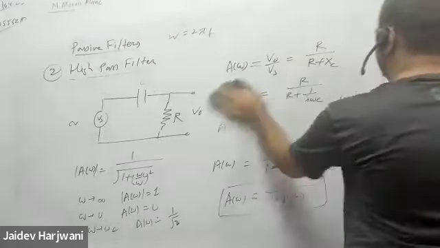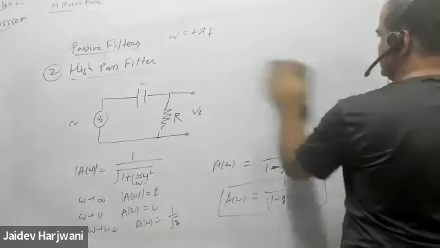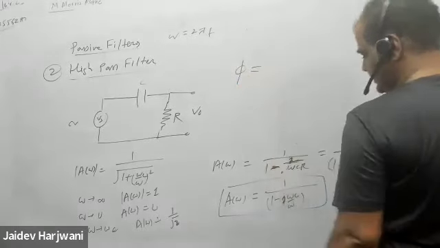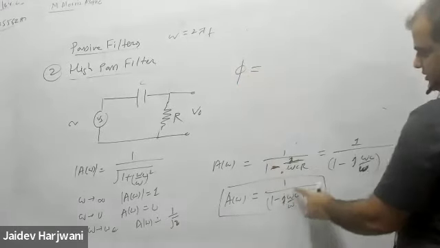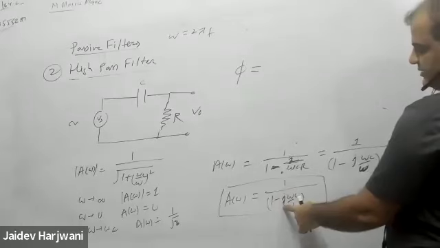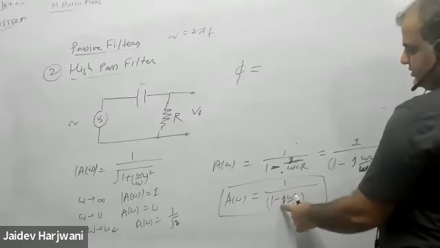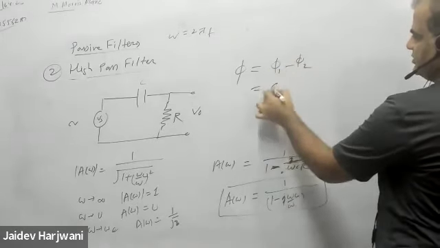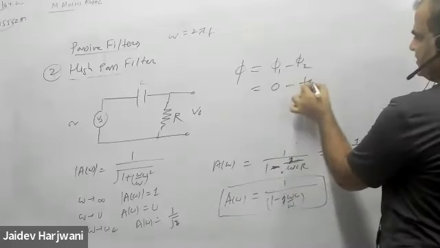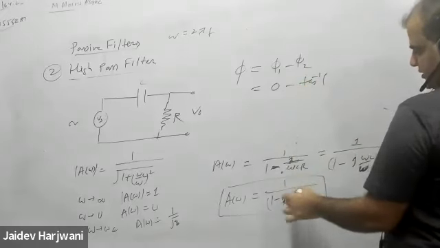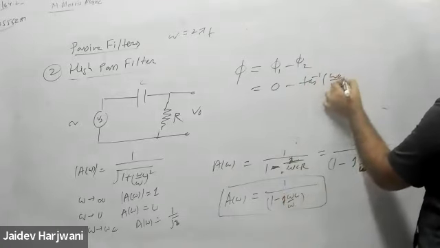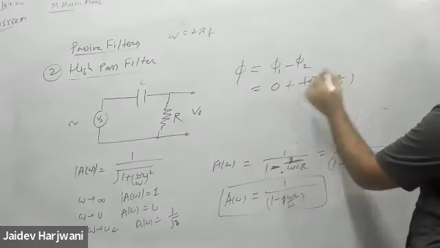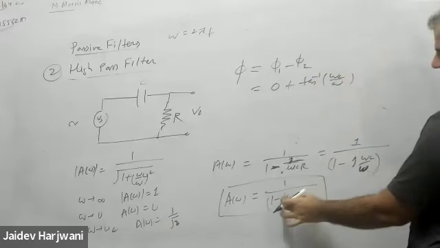What is the phase? The phase will be 0 minus tan inverse. So phase will be phi 1 minus phi 2, 0 minus tan inverse of minus omega C by omega. Minus minus becomes plus, because this minus comes here and this is minus.